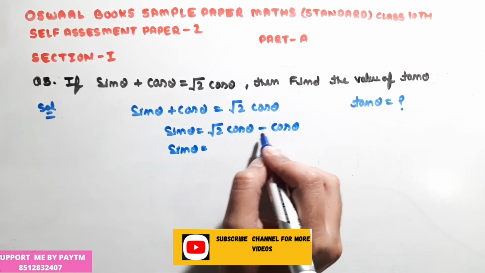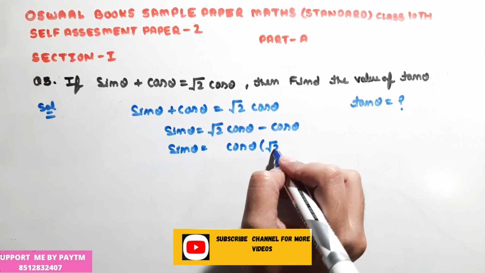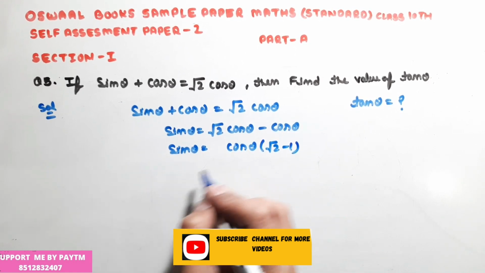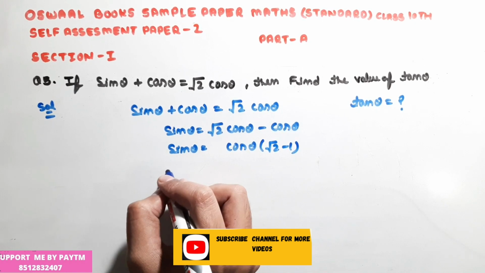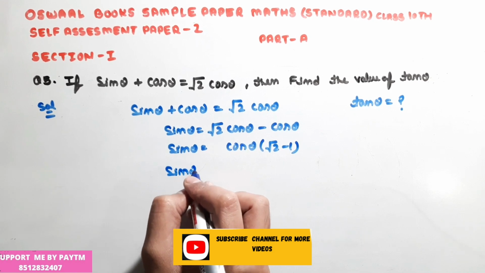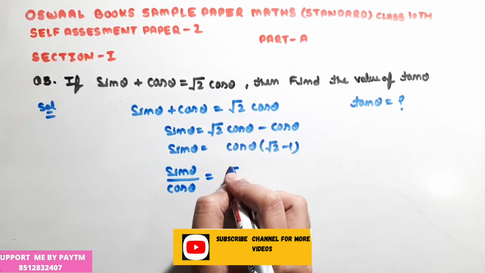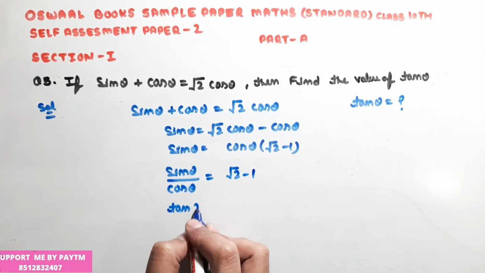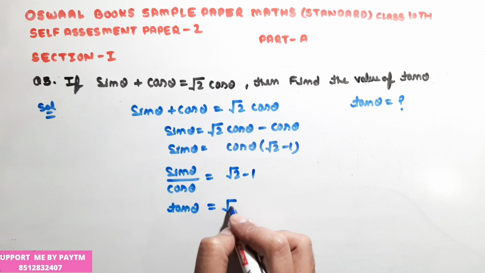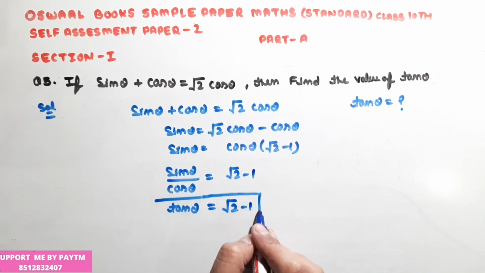From these two terms cos theta is common, so sin theta equals cos theta times root 2 minus 1. Taking cos theta to the denominator, sin theta upon cos theta is equal to root 2 minus 1. So tan theta will be equal to root 2 minus 1. This is our answer.